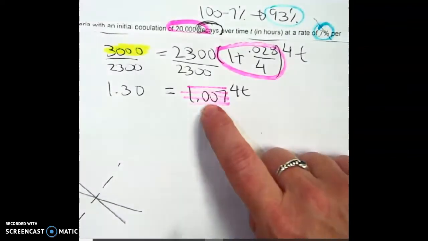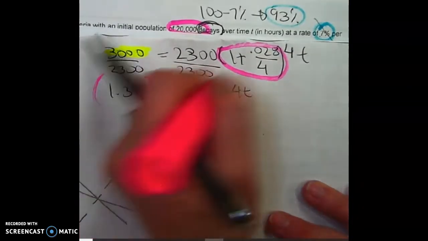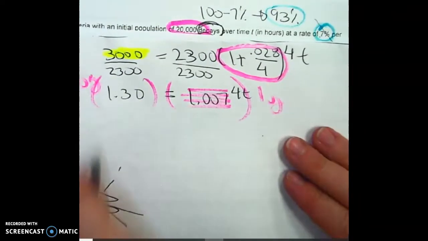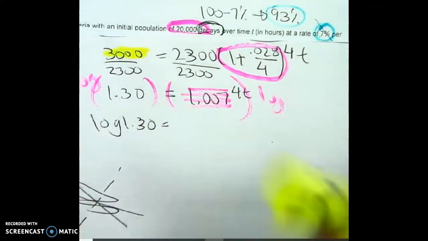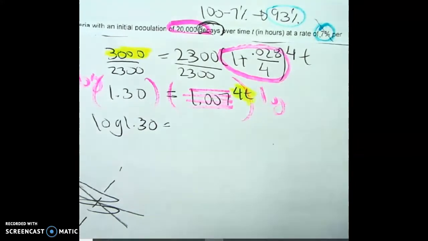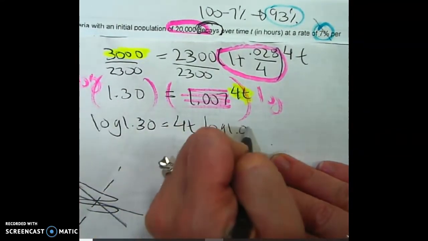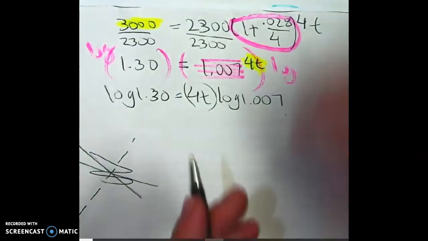Now this problem is just like the other ones. I can't make the bases the same. What do we do? Log. So I get log of 1.30 equals little t turns big. Okay? I want to get the t by itself.